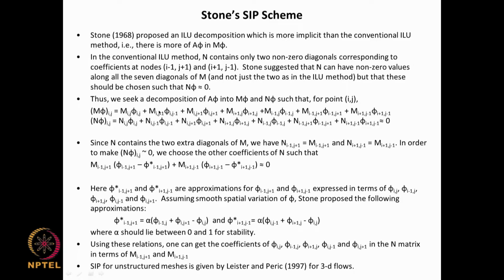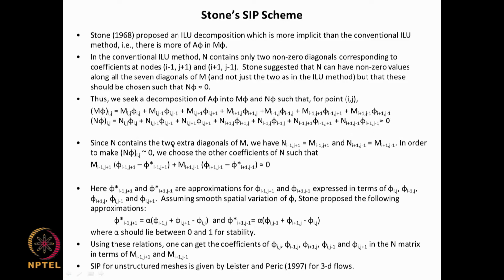So, what does it mean? We seek a decomposition of A phi into m phi and n phi such that for point ij, m phi at ij is m_ij phi_ij, plus terms in phi at i, j minus 1, phi at i minus 1, j, phi at j plus 1, i plus 1, like this, and n phi at ij is also having terms in all of them, and this is roughly equal to 0.